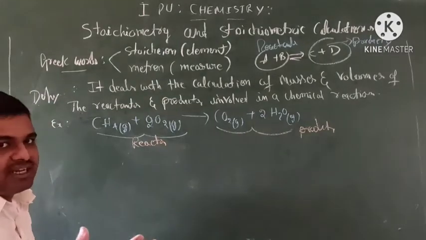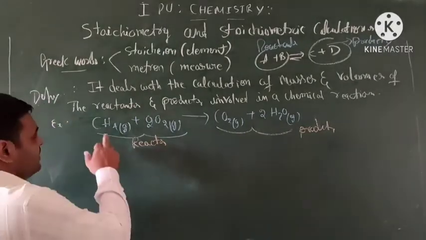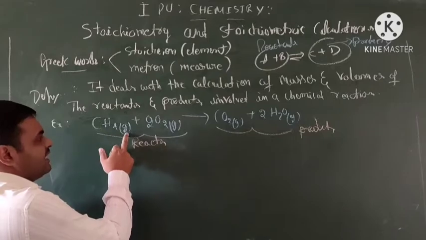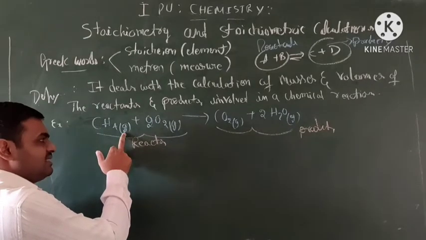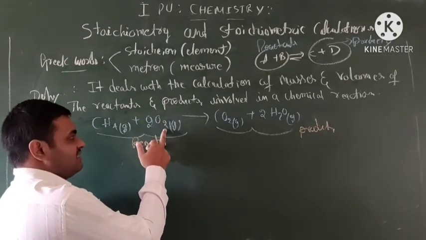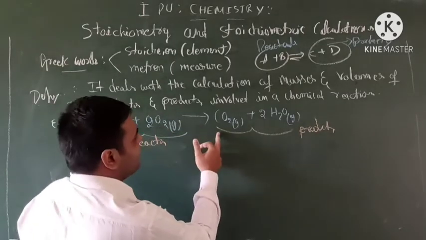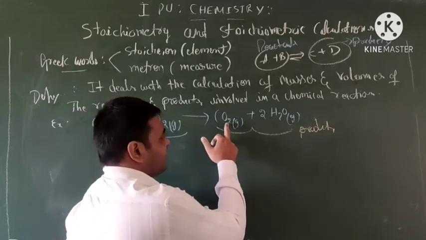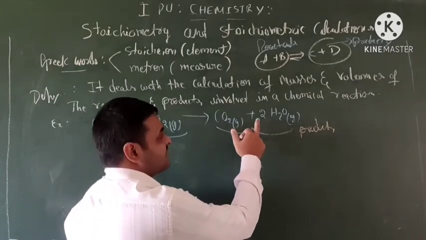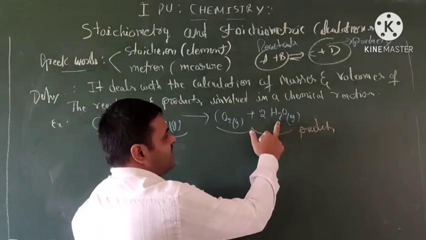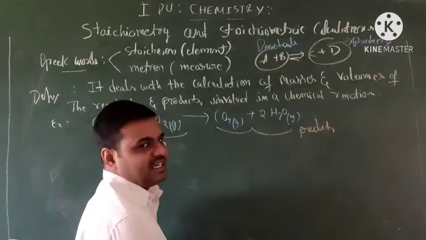Students, let me explain one example. CH4 gas, this is methane gas, plus dioxygen, this is oxygen. 2 molecules of dioxygen gas give carbon dioxide gas and 2 molecules of water, which is gaseous water.